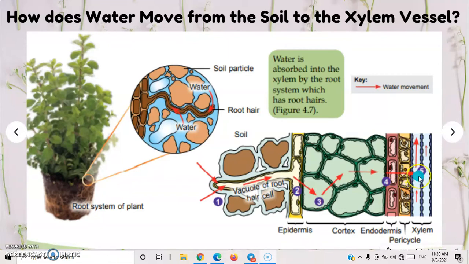Number 5, this will create a root pressure. Root pressure pushes water into the xylem vessel of the root, and then into the xylem vessel of the stem. So that is what happened when the water moved from the soil to the xylem vessel.